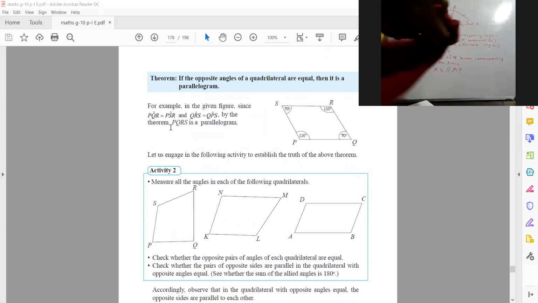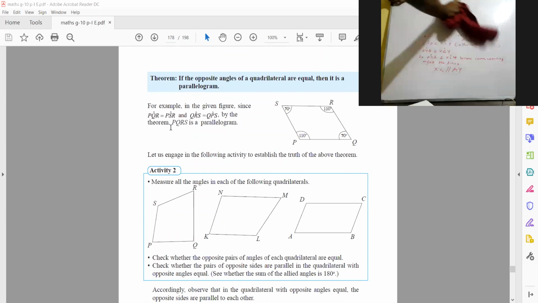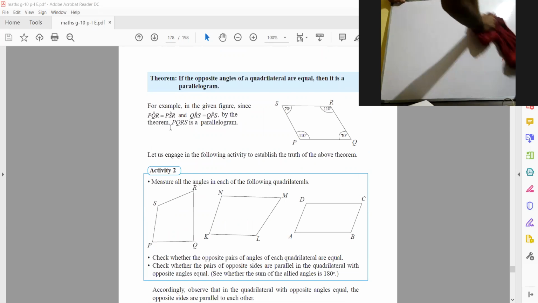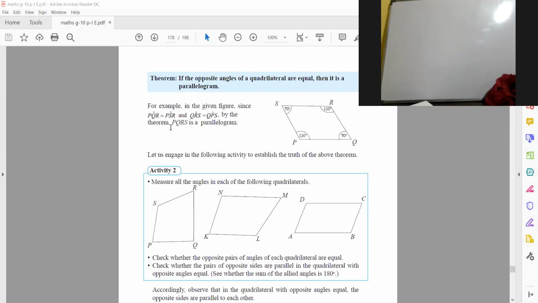I'll erase this now. I'll quickly say the theorems. If a quadrilateral is given to you and the opposite sides are equal, then it is a parallelogram. That's the first theorem. The second theorem is if the opposite angles are equal in a quadrilateral, then it's a parallelogram.